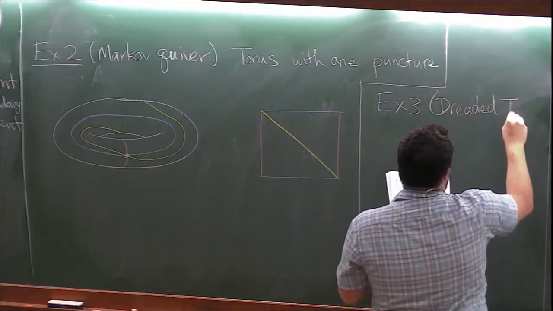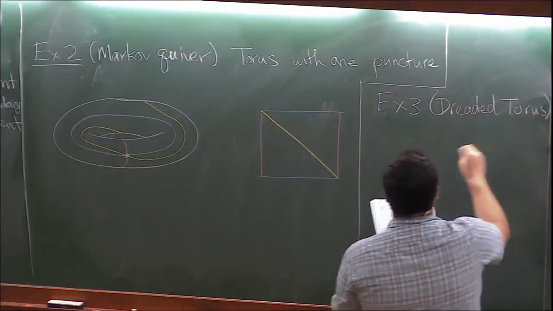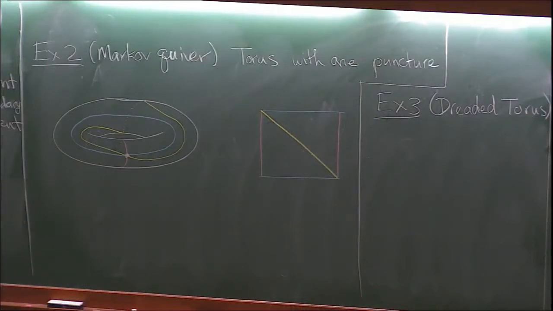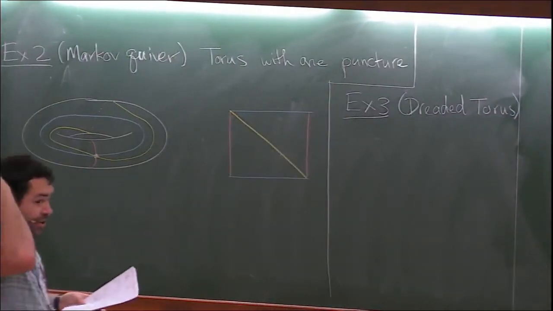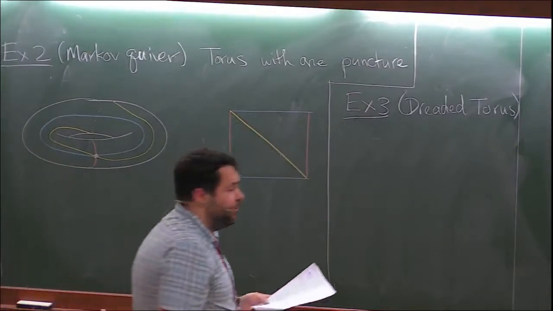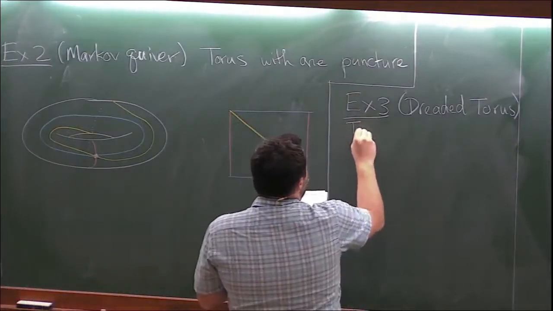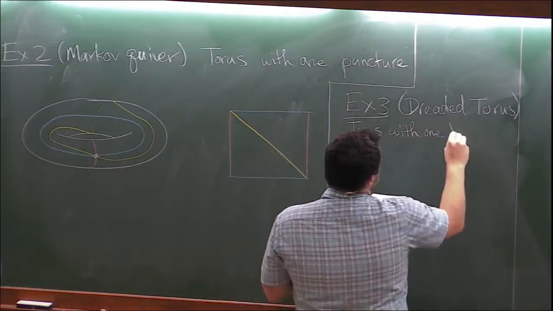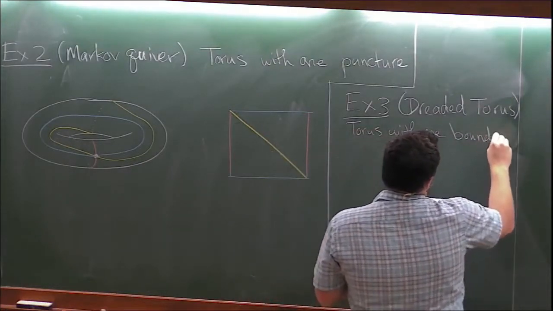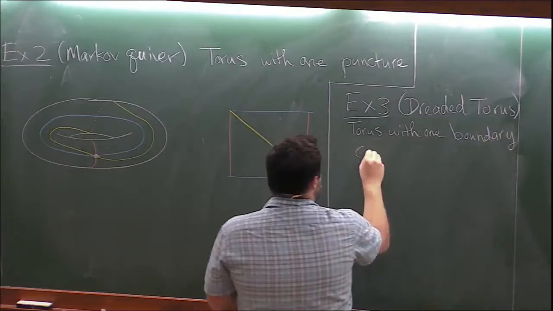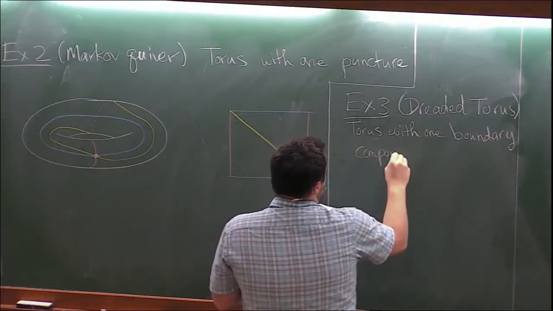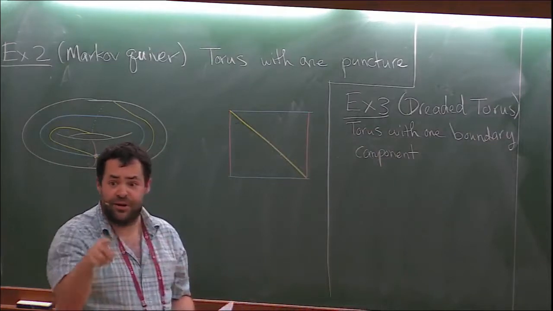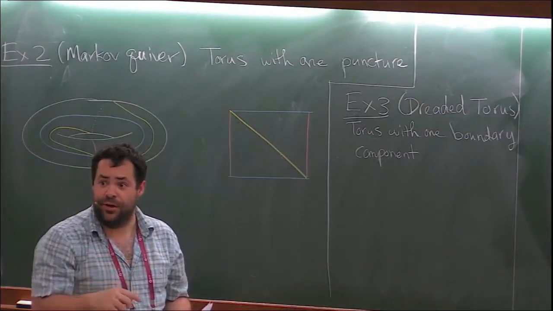So this dreaded torus is going to be a torus with one boundary component, with a single mark point on it. Remember, each boundary component has to have a mark point on it.